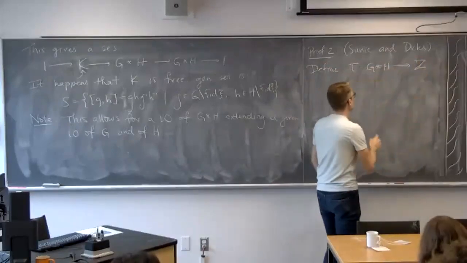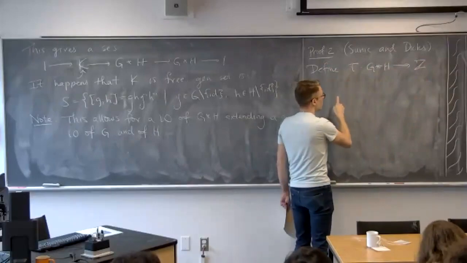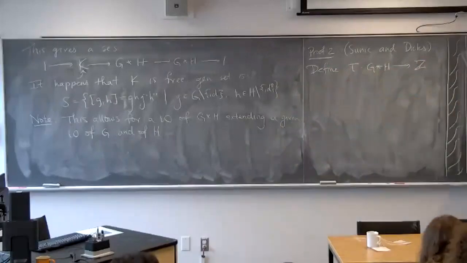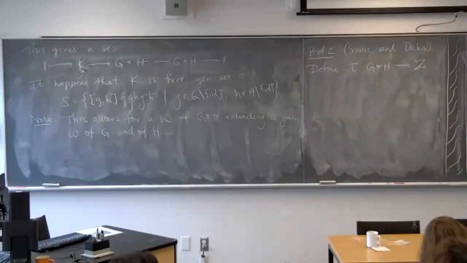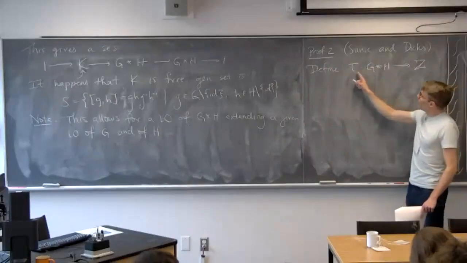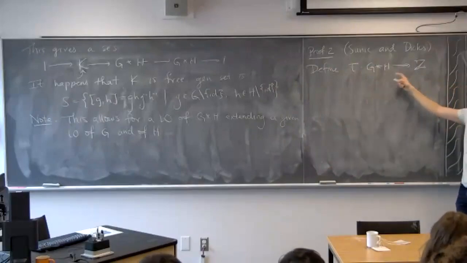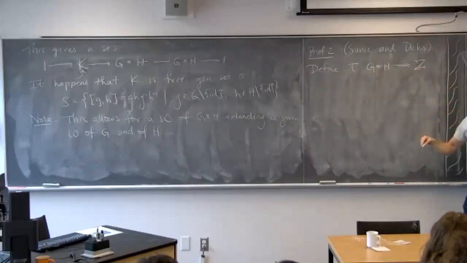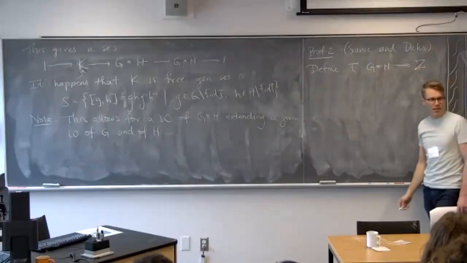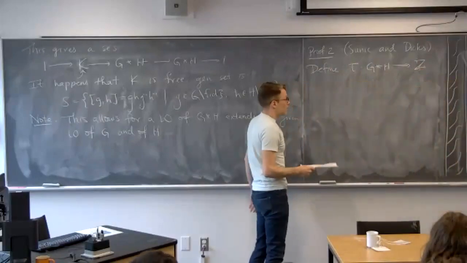And what you do is you compute the value of tau from, well, I said every word has a normal form, right? So we're going to say how to compute tau from the normal form of a word. And then we'll just say, if elements go to a positive number, they're positive. And that'll work.